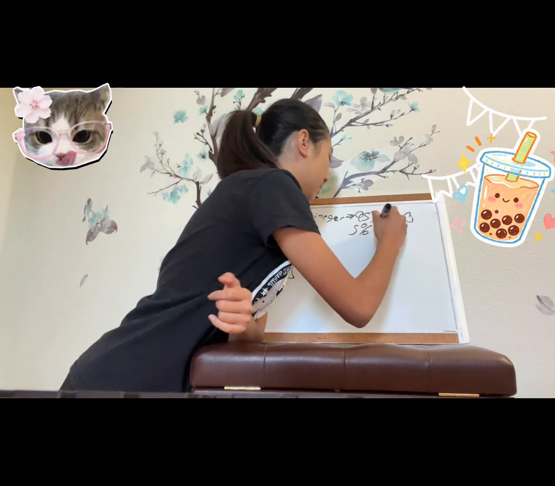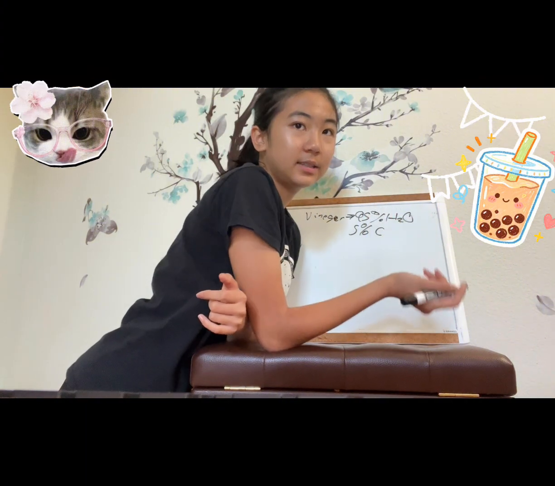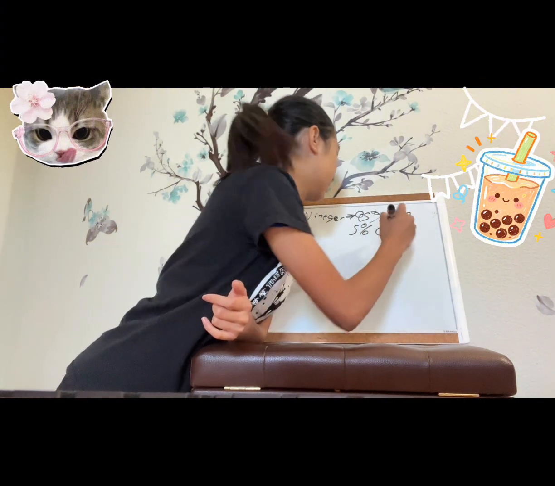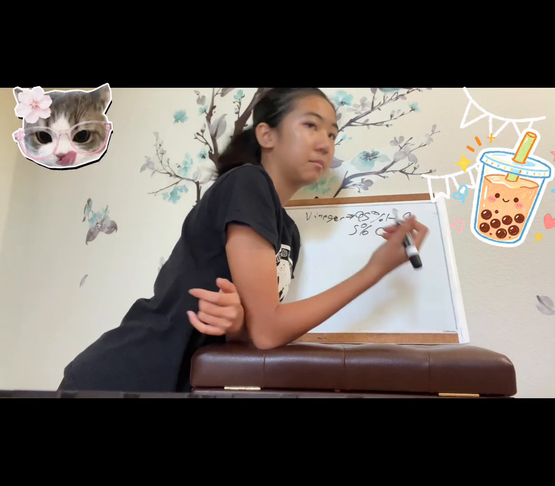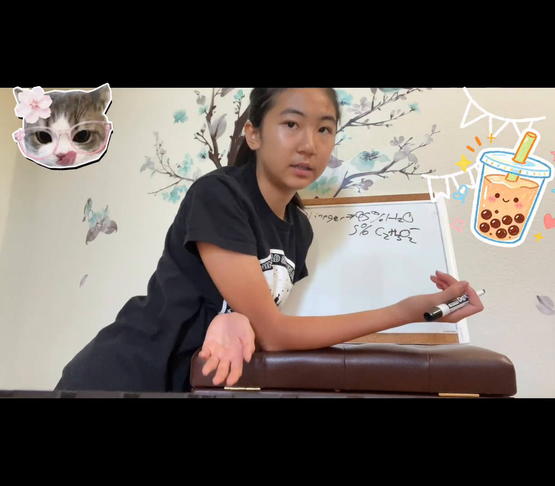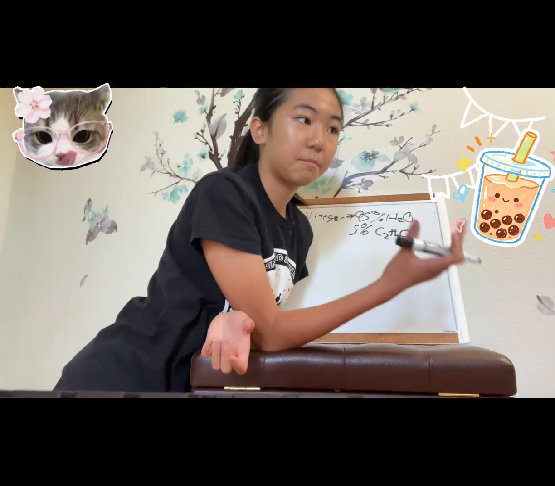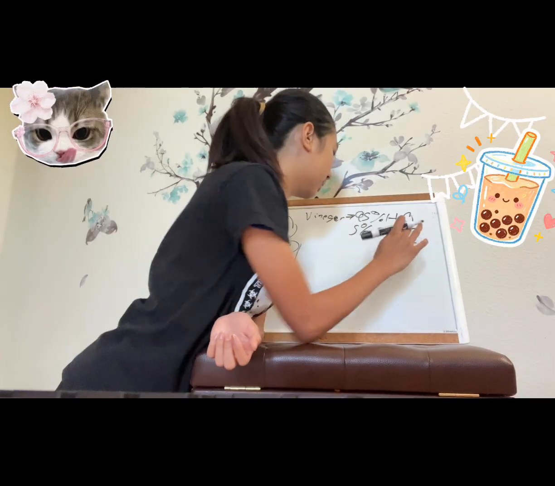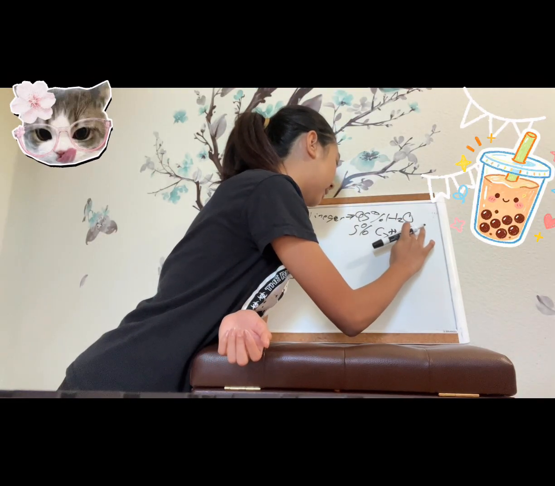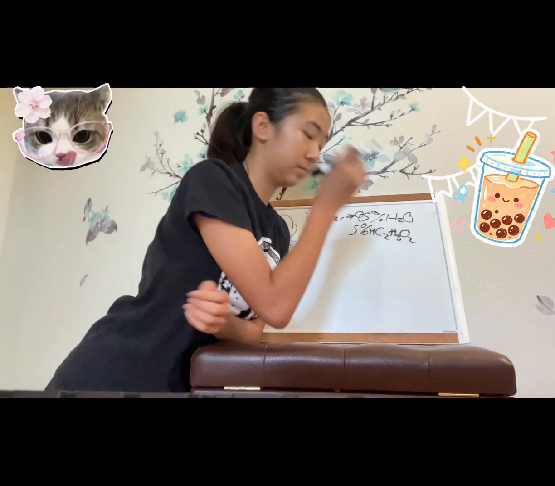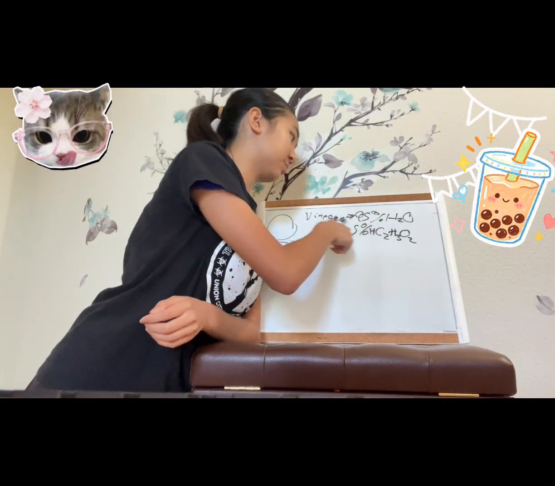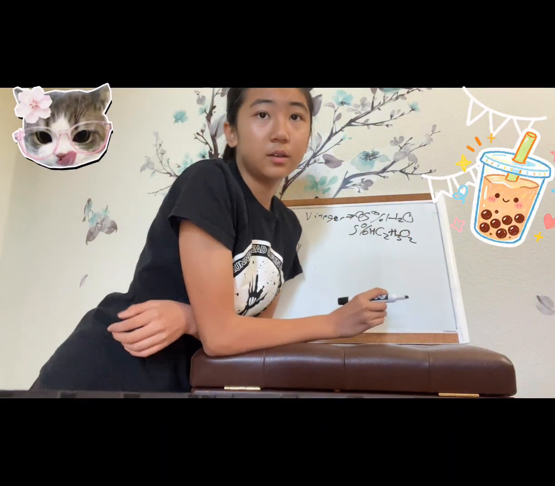Acetate by itself is C2H3O2 minus. But since it's acetic acid, and acids are made by adding hydrogens to an ion, we get C2H3O2H. So vinegar is made of 5% of that.